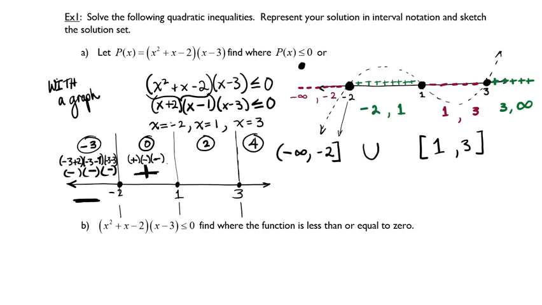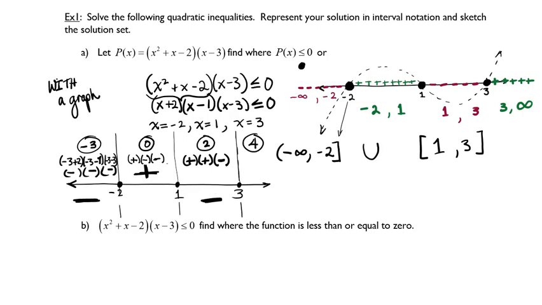If I substitute 2 in, 2 plus 2 is positive. 2 minus 1 is positive. 2 minus 3 is negative. And when I multiply those together, my overall result will be negative.